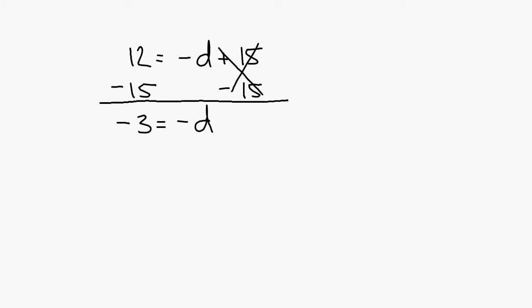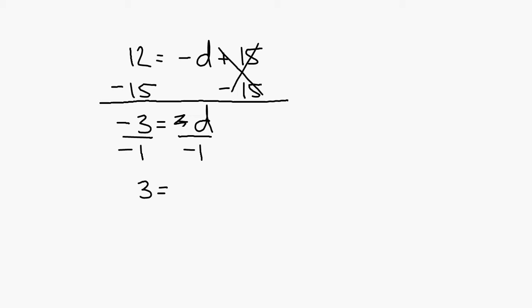We talked about this problem yesterday. When there's a negative in front of the variable, you have to divide both sides by negative 1. Negative 3 divided by negative 1 is positive 3.